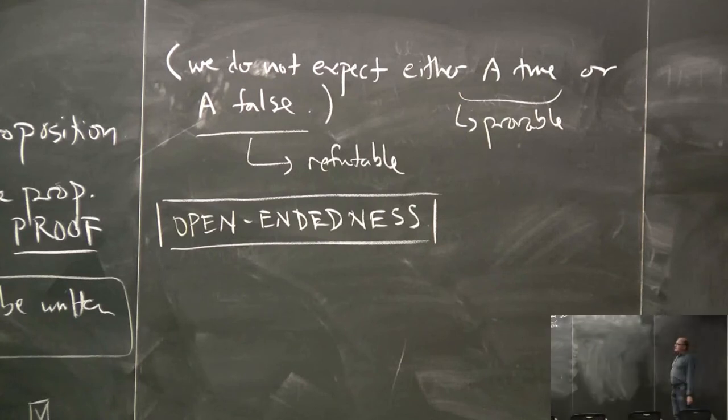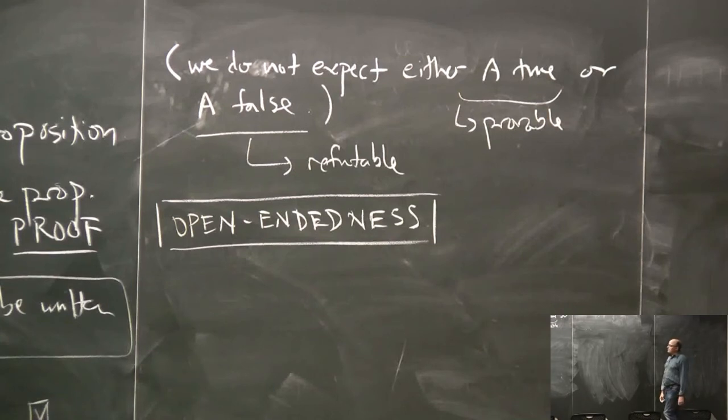In combinatorial theory, I notice that they play fast and loose with the term proof according to convenience. And to my taste, I find it very disturbing because it confuses me. So you have to be careful about how people use the word proof. That's why I'm trying to be careful here.